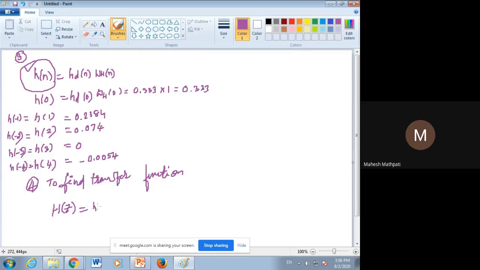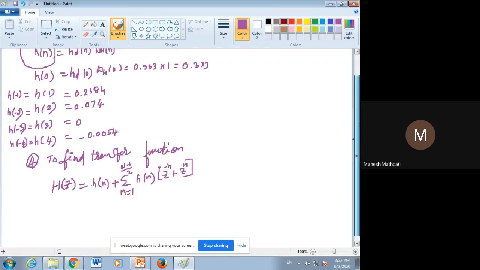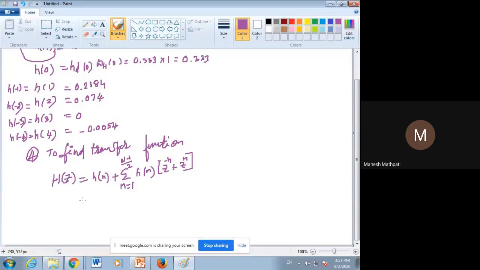ठीक है. आता काय येणार इथं? h of n plus summation n equals to 1 to n minus 1 by 2 h of n multiplied with z power minus n plus z power n. Kalala? Still any question here?